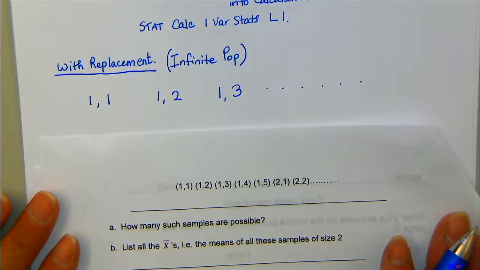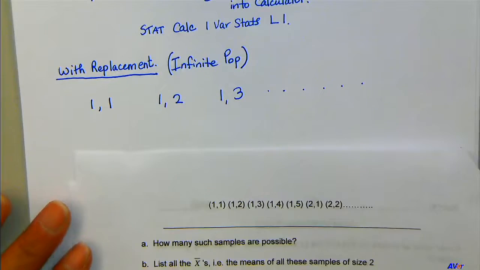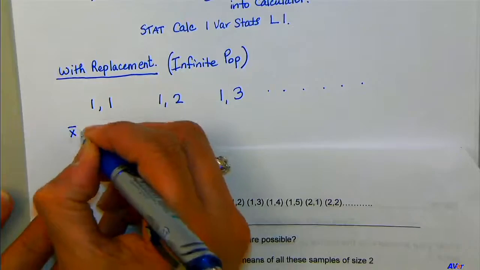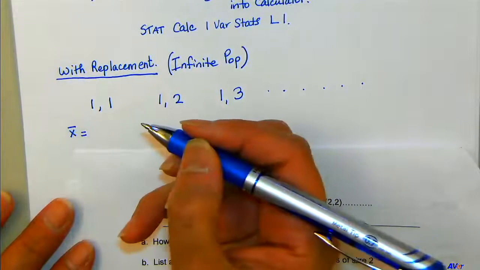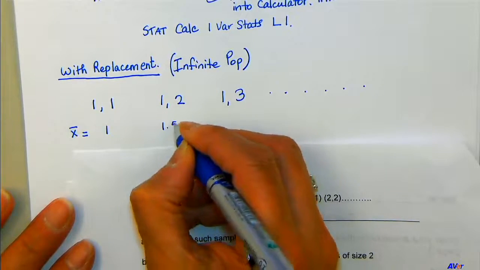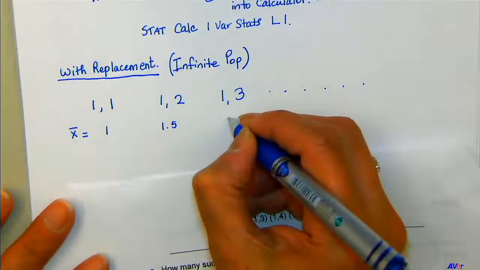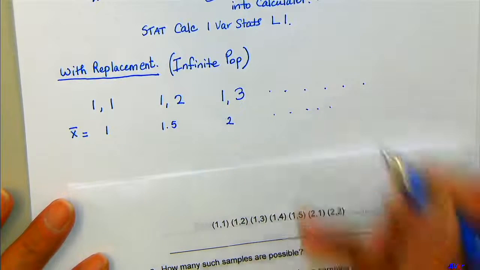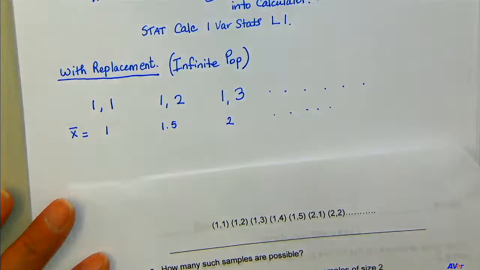Next, I want you to find the X bars for all these 25 samples. So, easy enough. Let's find X bar. What's the X bar of 1 and 1? 1 and 2? 1.5. 1 and 3? 2. Do that. Now you will have 25 X bar values, right?